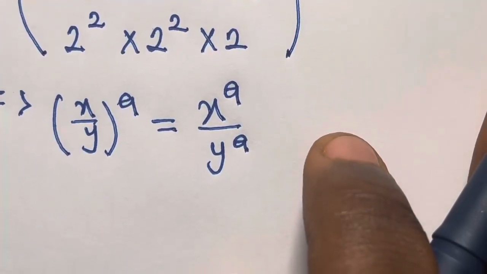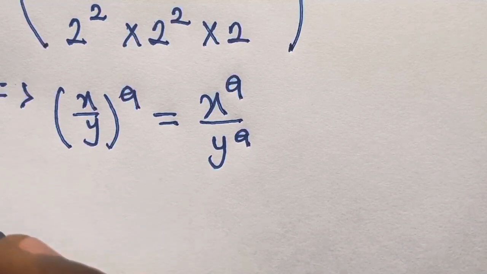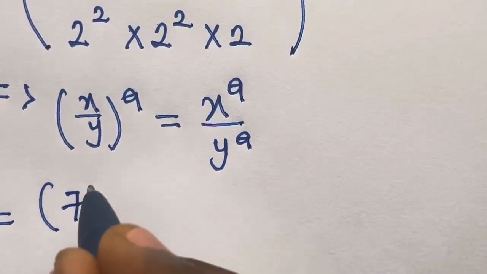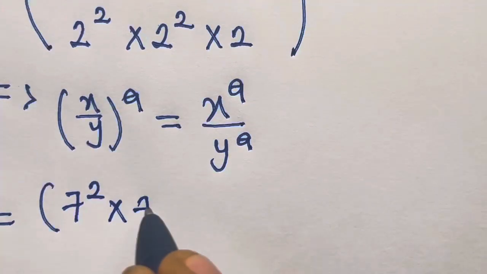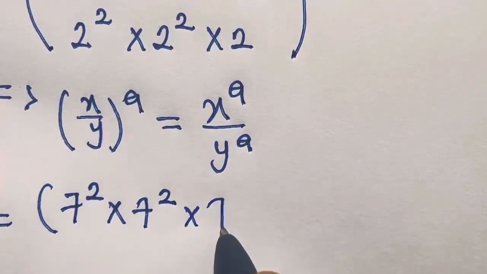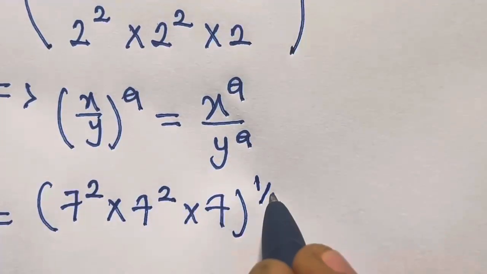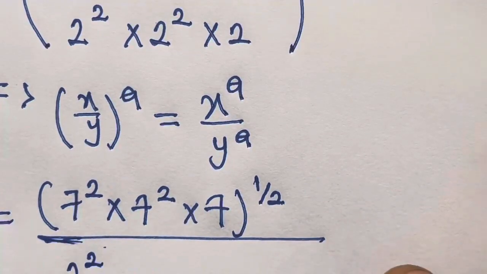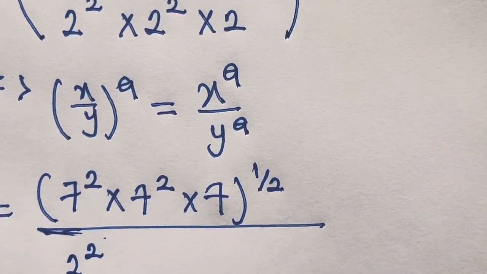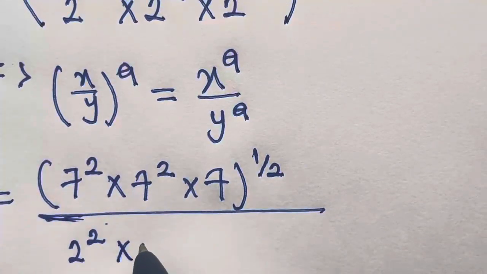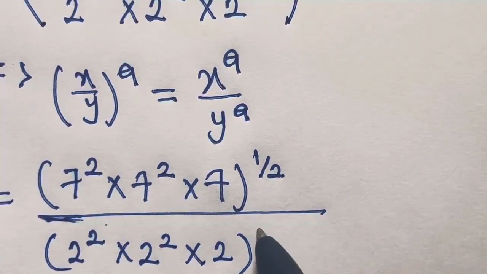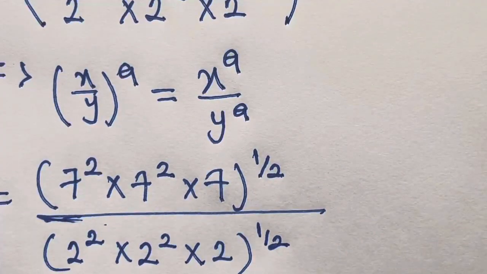So we will have 7 squared times 7 squared times 7 raised to the power 1/2, divided by 2 squared times 2 squared times 2 raised to the power 1/2.